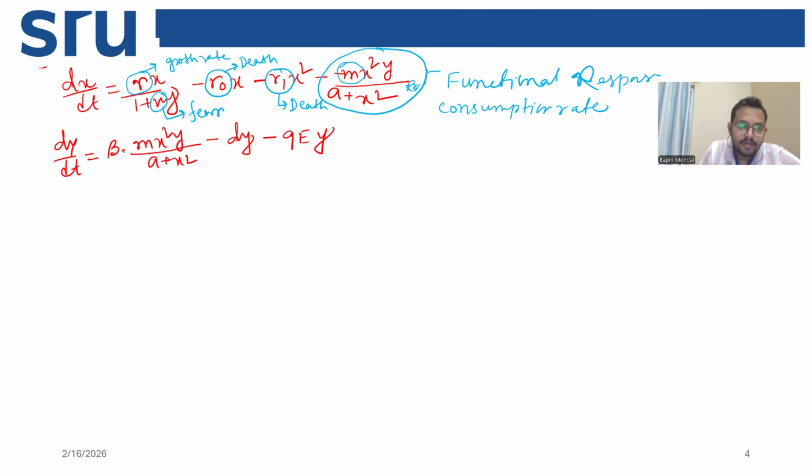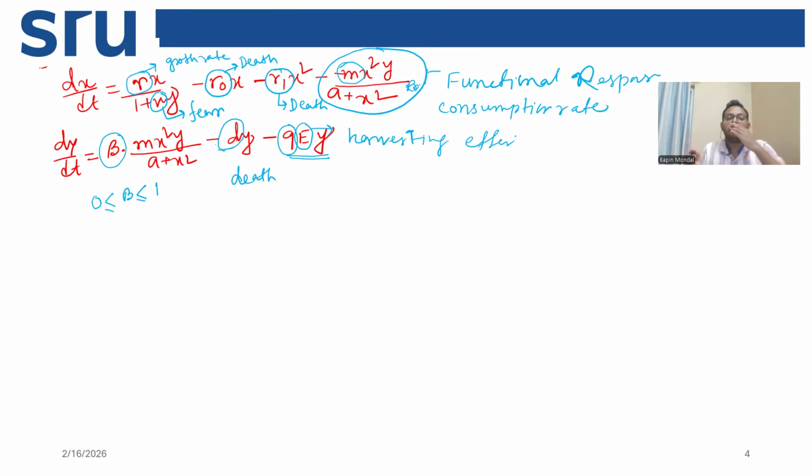Now going to the second equation, beta is known as conversion efficiency, and the beta value is always between 0 and 1. And d is the death rate of the predator, known as the normal death rate. And this term is known as harvesting, where q is the catchability effect and e is the harvesting effort. So this is our model.